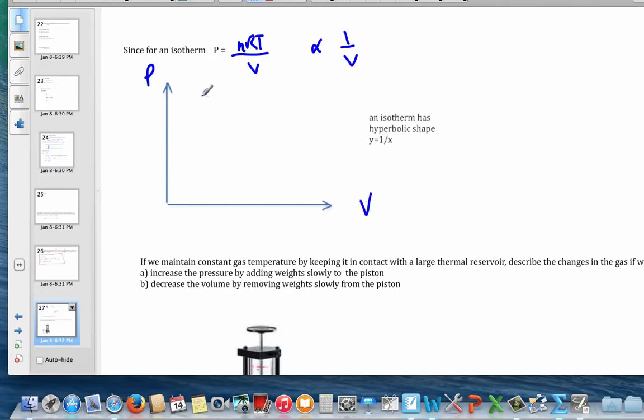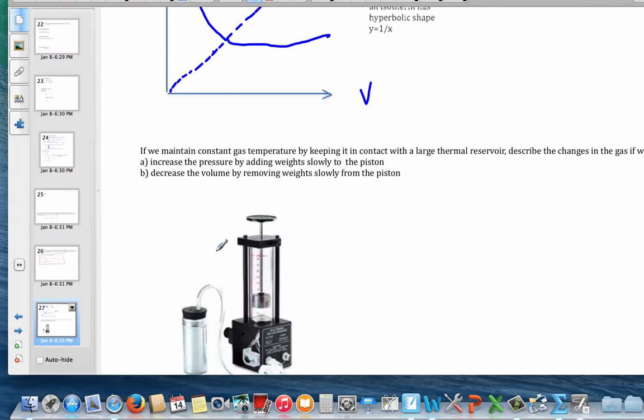This is a hyperbolic shape, a 1 over x graph, and there'll be a symmetry line here. So the graph is going to look something like this 1 over x graph. I don't know how good my symmetry was there, but you've certainly been graphing 1 over x for a long time, and so should be quite familiar with it.